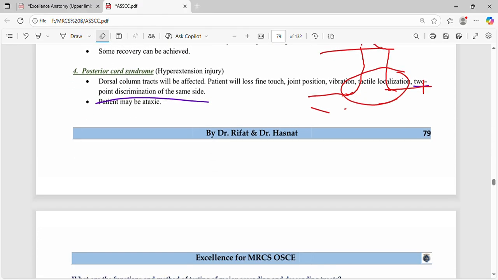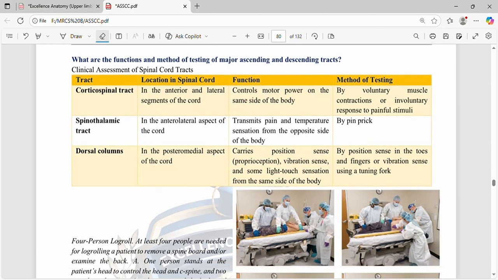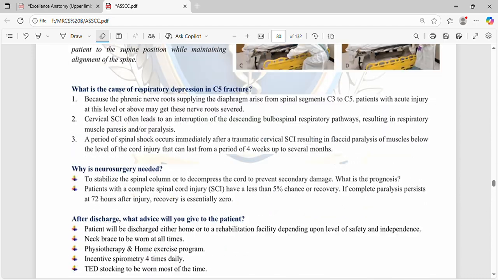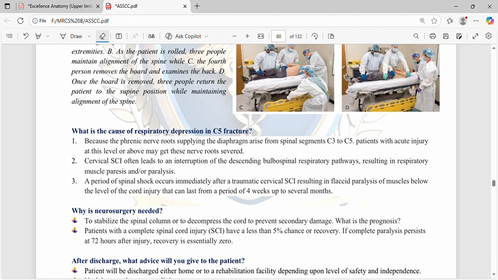So here we move forward. What are the functional methods of testing and measuring ascending and descending tracts? We discussed these already, the clinical assessment of spinal cord tracts. What is the cause of respiratory depression in C5 fracture? The phrenic nerve roots supplying the diaphragm arise from spinal cord segments C3, C4, and C5. Patients with acute injury at this level or above may get this damage.